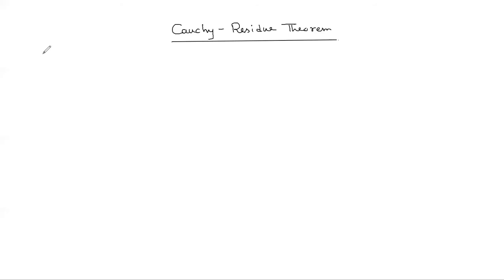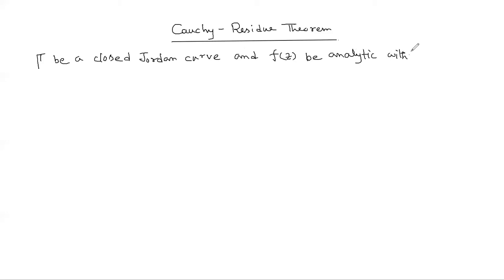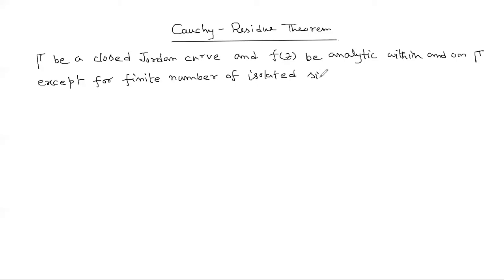It says that gamma be a closed Jordan curve and f(z) be analytic within and on gamma except for finite number of isolated singularities, say z_k for k equal to 1 to n.